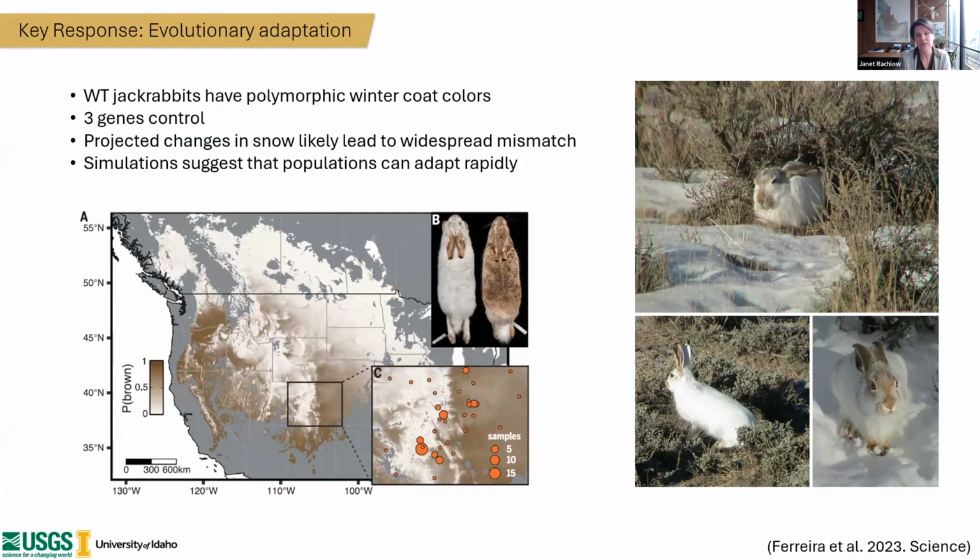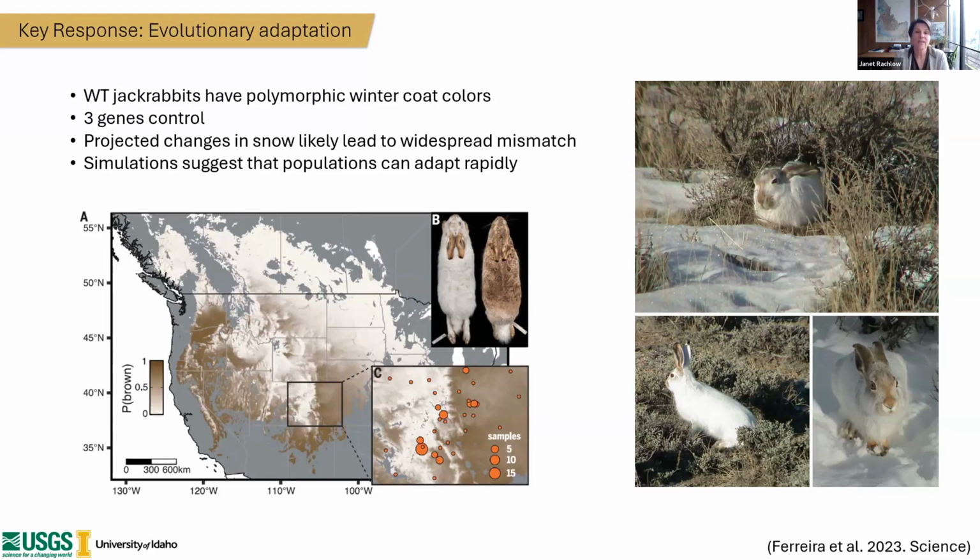There are populations where individuals remain with a brown pelage throughout the winter. This map shows the distribution of the species, and they used, I think, over 1,300 samples from museums to examine the coat color in the winter and then to map the probability of animals being brown versus white. That's the color ramp that you see across the distribution of the species.